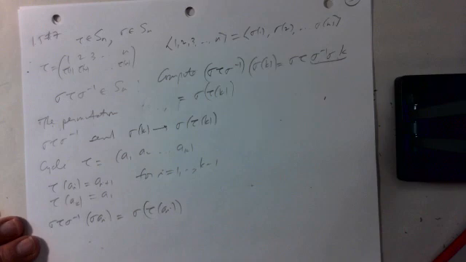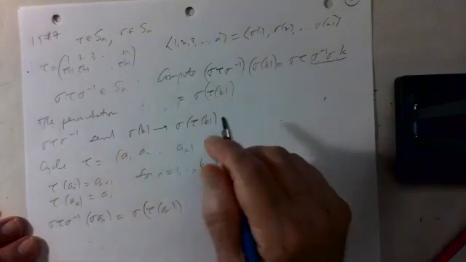If tau of Ai goes to Ai plus 1, then we have equals sigma of Ai plus 1.